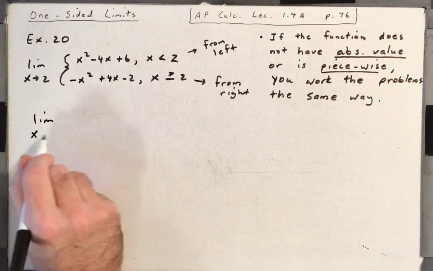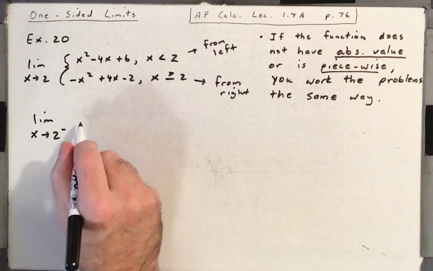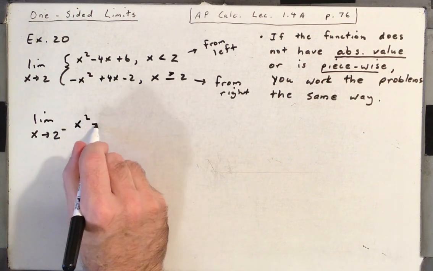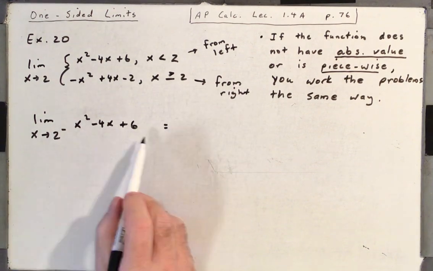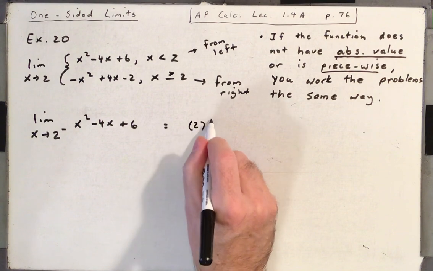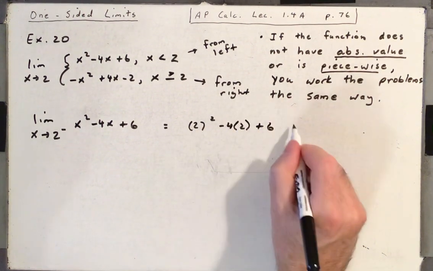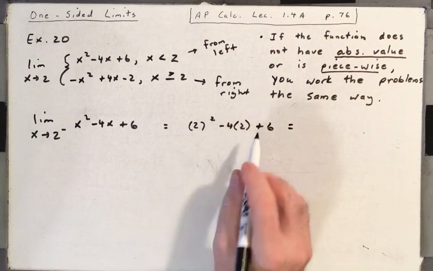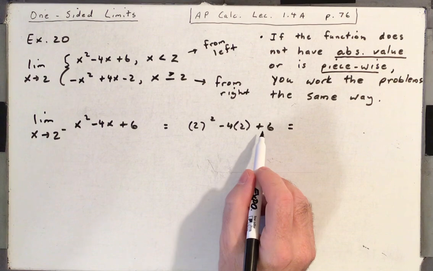So as x approaches 2 from the left, we would have x squared minus 4x plus 6. And there's no denominator. We can just plug 2 in. So that's going to be 2 squared minus 4 times 2 plus 6. That's going to be 4 minus 8 plus 6, right?